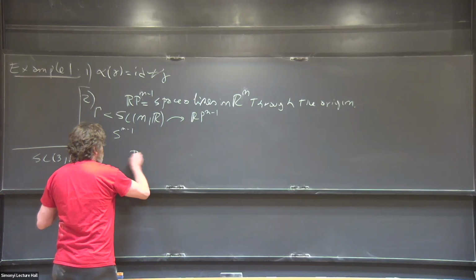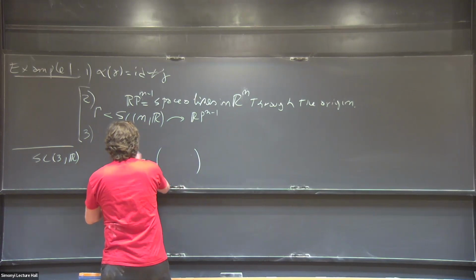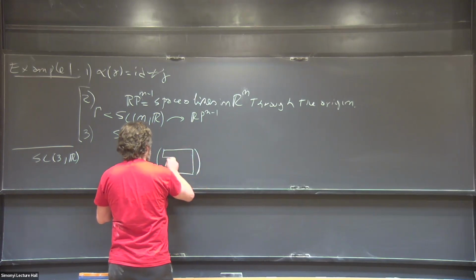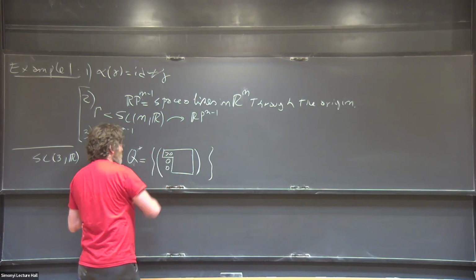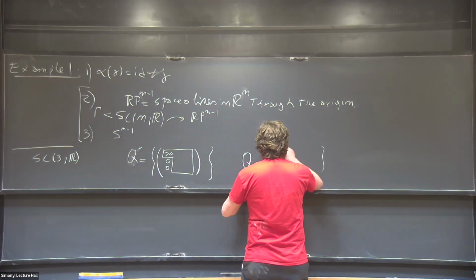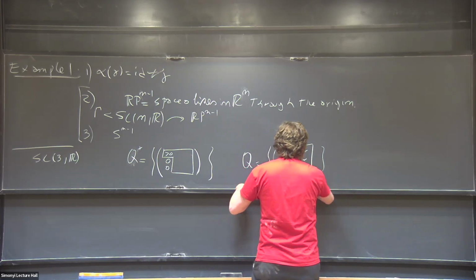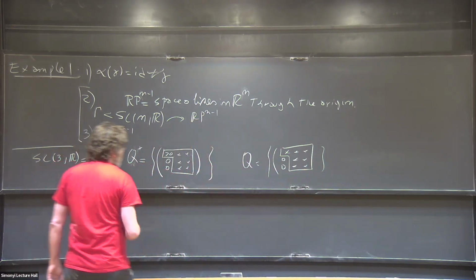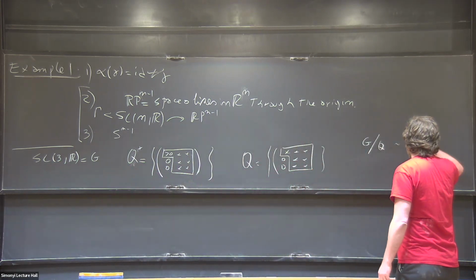So you have two very important groups, Q, which is essentially the group of matrices where this entry is, say, positive, and then you have the other one, Q plus, where now you just allow positive and negatives. This is your G. Now when you do G mod Q, you get RP^(n-1).